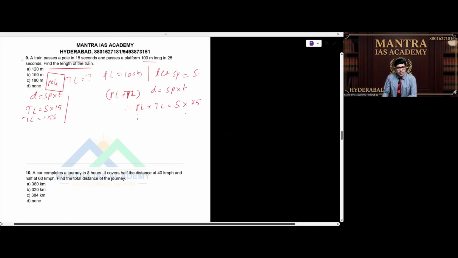So platform 100 plus train length is equal to S into 25, that is 25S. Now come to the point: TL is nothing but 15S. 100 plus 15S is equal to 25S.